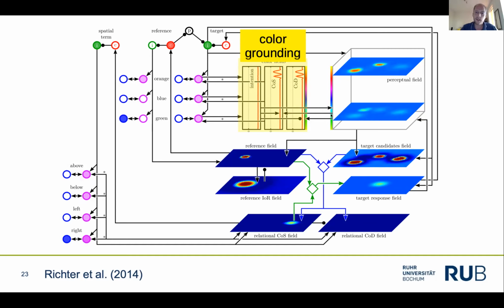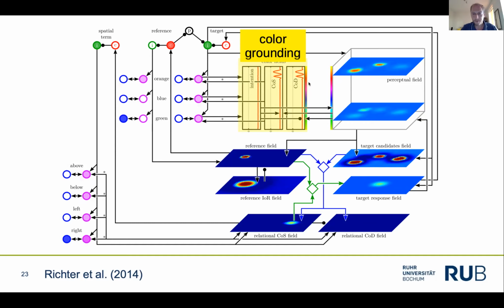And it also receives subthreshold input from the perception field corresponding to the color of the object that has in fact been found. And only if these two inputs overlap, the condition of satisfaction field forms a peak. So this means that the field forms a peak whenever an object of the intended color has in fact been found in the perceptual field.